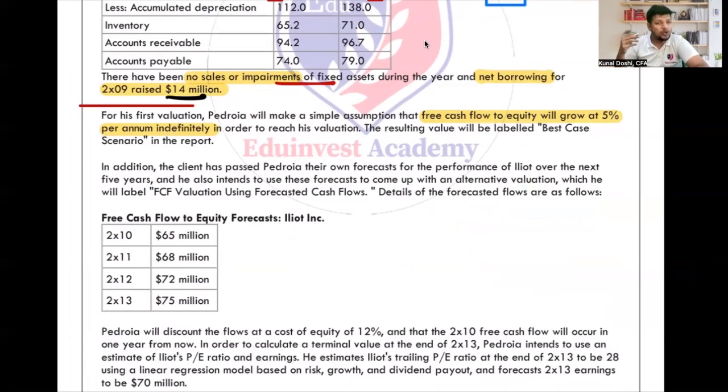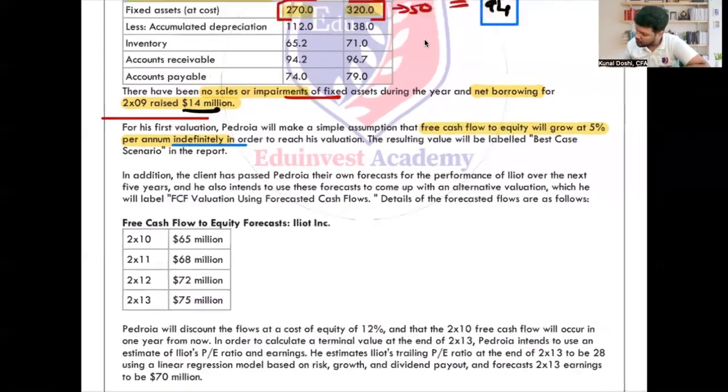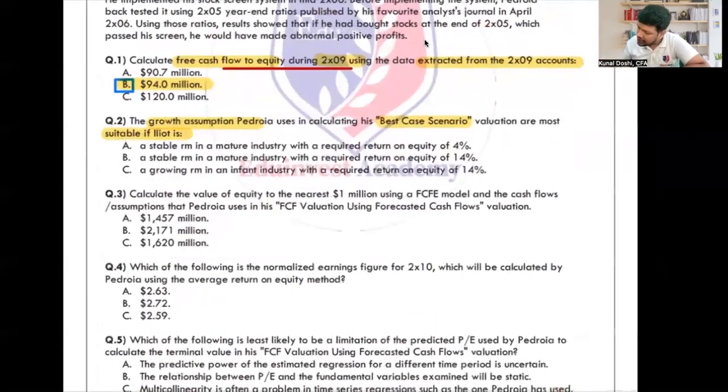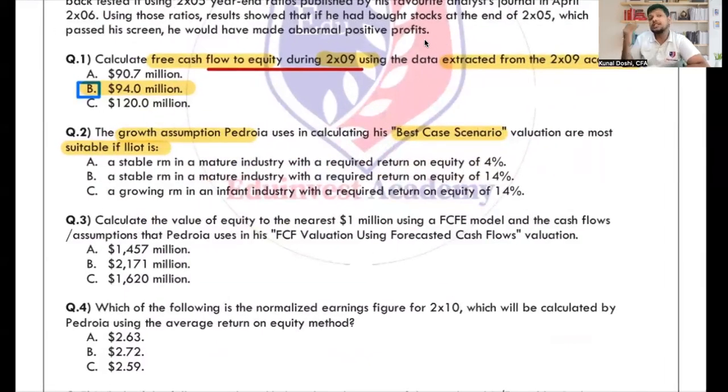Now, in what case and why will you think that this guy is going to use an indefinite growth rate or constant growth rate? Do you use a constant growth rate for startup companies or mature companies? You use it for mature companies, right? Correct?